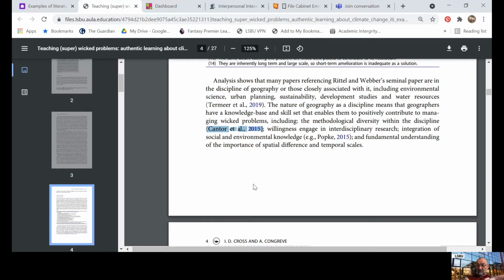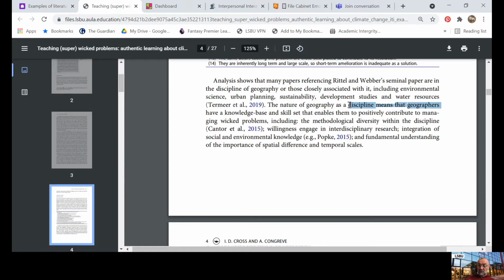And the authors of this journal article are linking together what Termier et al. says about the discipline of geography and what Cantor says about the discipline of geography and geographers' skill sets. Okay? But there's no expectation of the authors of this journal article to reinterpret or to restate what these authors are saying. You don't have to say, this means that.